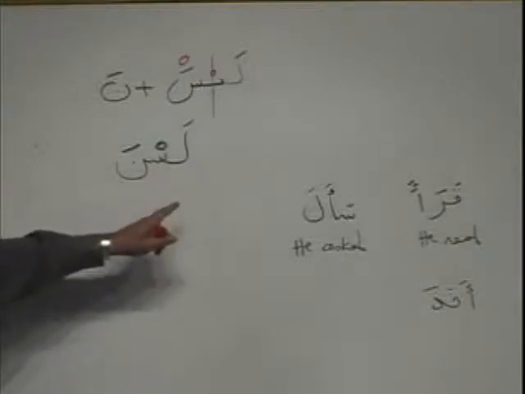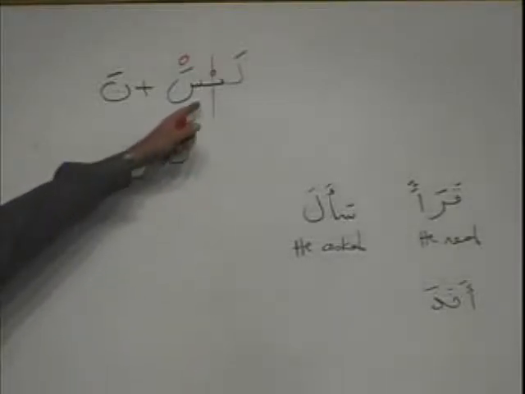From laisa it became lasna. This is not normal. The way we have been learning, this is different. Why is it different? Because there was a weak letter in it. It became lasna. After that, what do you do, brothers and sisters?